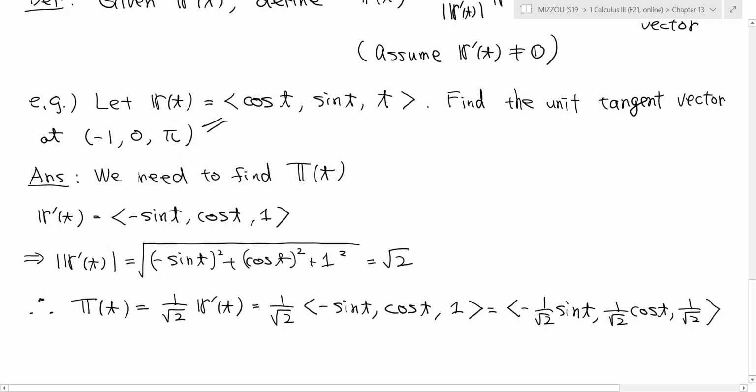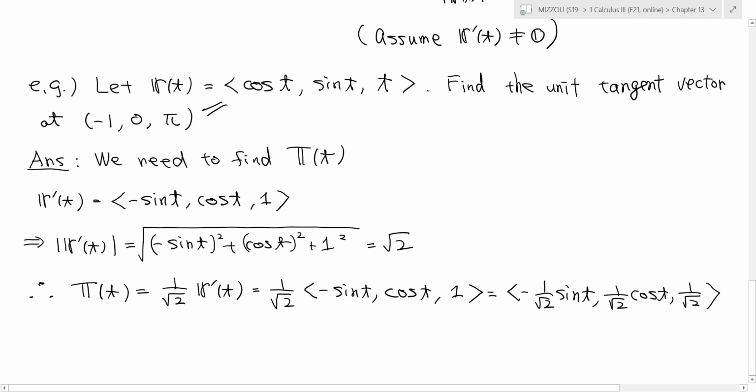So therefore, what you have to do is to find T of pi. And so you just plug in pi here, and then what you get is 0, negative 1 over root 2, and 1 over root 2.